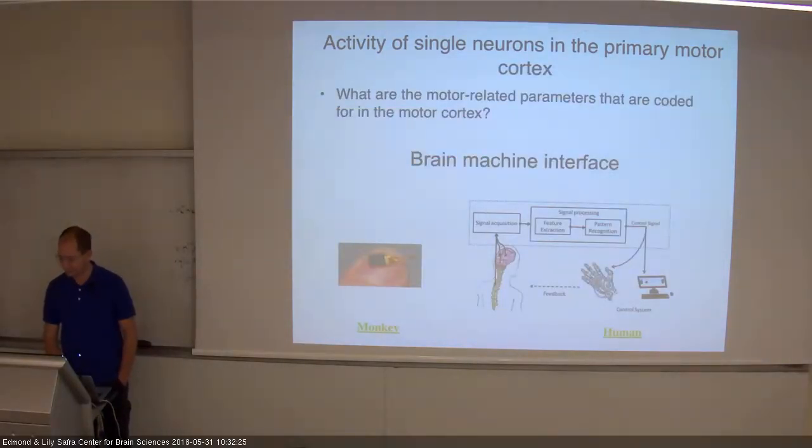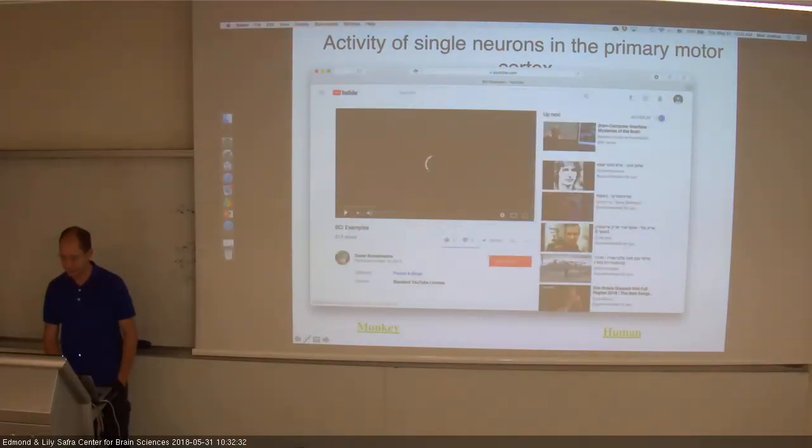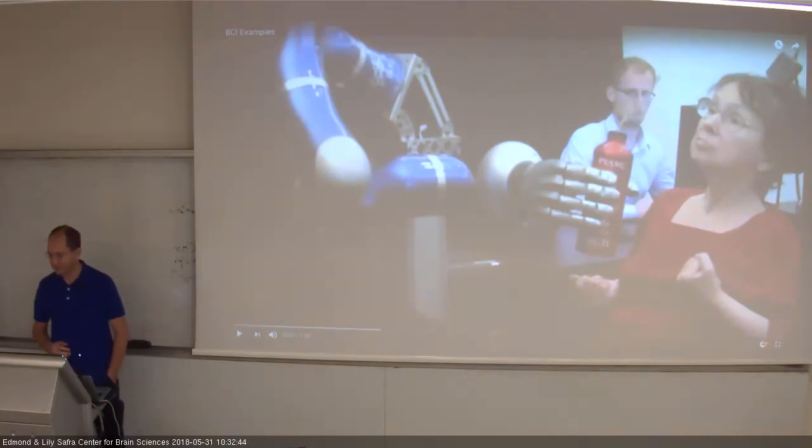And here's the human example. So after they did this with monkeys, they got approved to do it with human subjects. Show you. There's no voice. Okay. So this person, you can see, has a stroke or a spinal cord injury.